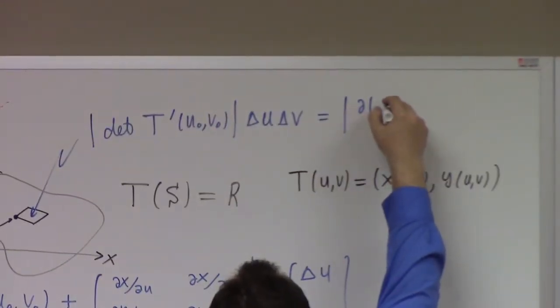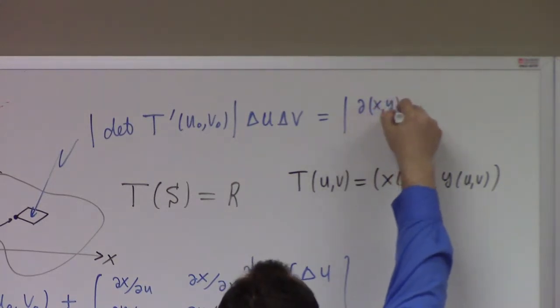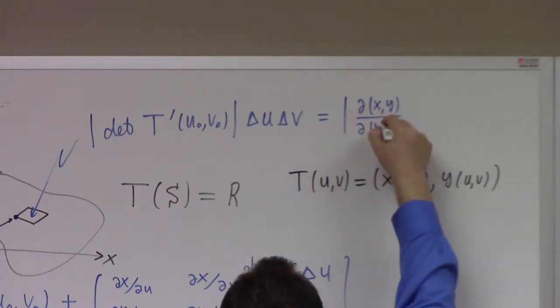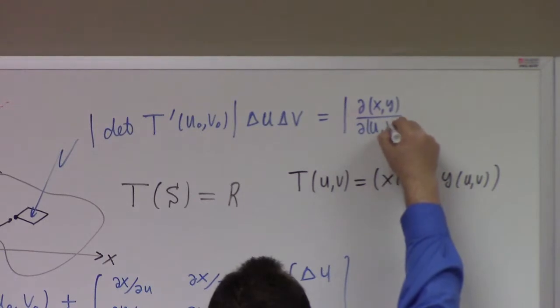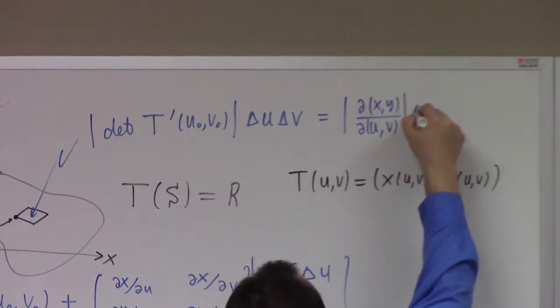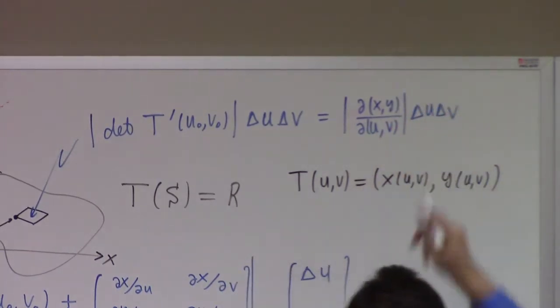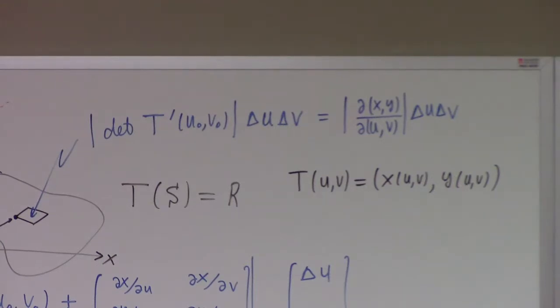Guys, I annoyingly cannot find my copy of your book at the moment. Can you guys tell me what this looks like in your book? If you look at the change of coordinates section, somebody have it? What's their notation for what's called the Jacobian? Ah, there's one. Thank you. It's killing me. I do not know where my book went.